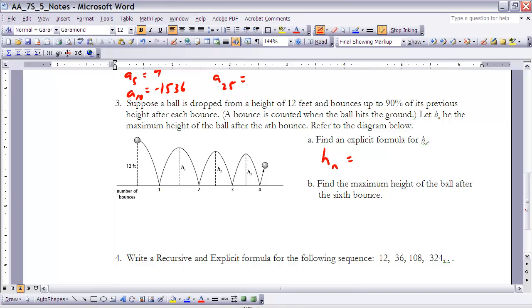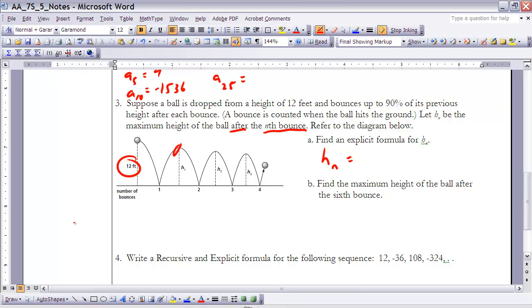Because remember, H sub n represents the height of the ball after the nth bounce. Well, 12 feet is before it bounces at all. So here's where H sub n is. So I have to find that by taking 12 times 0.9 to get that height, because it's 90% of its original height.